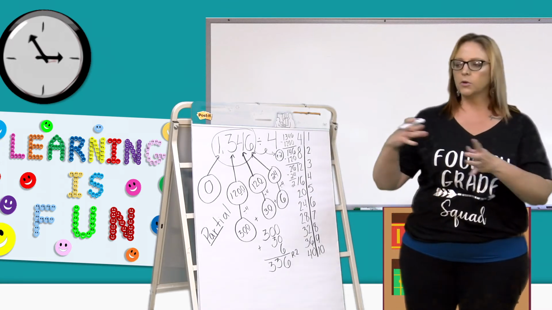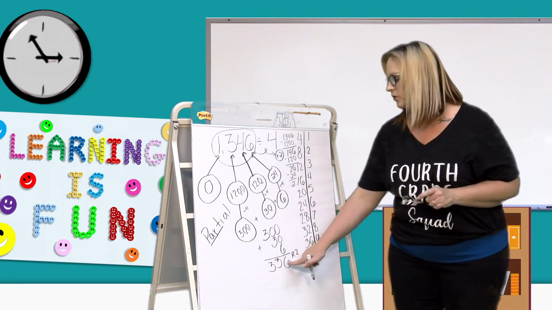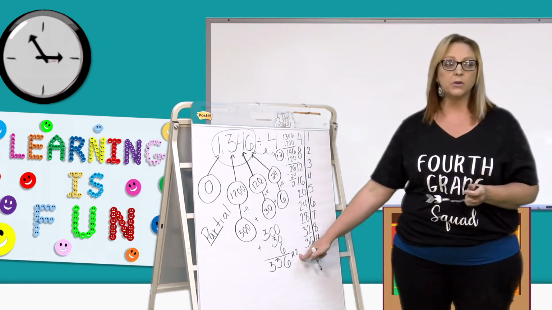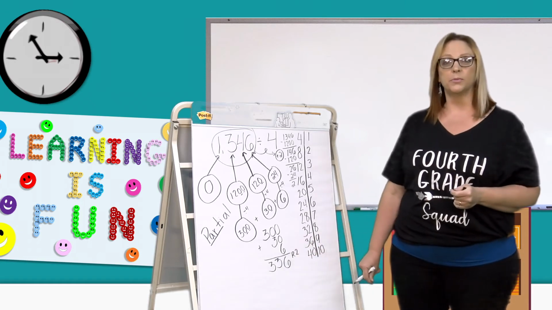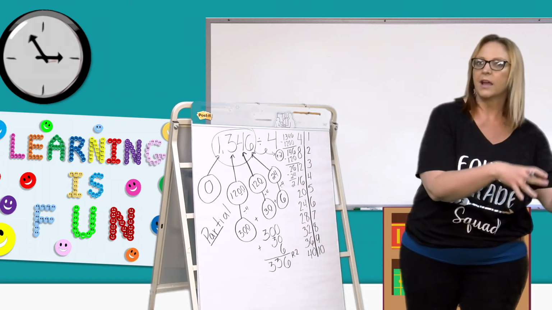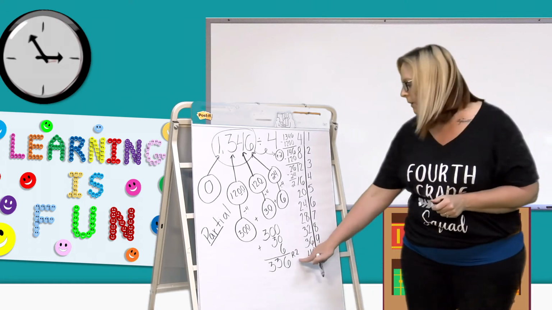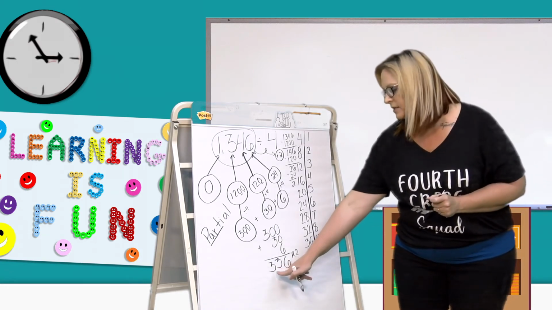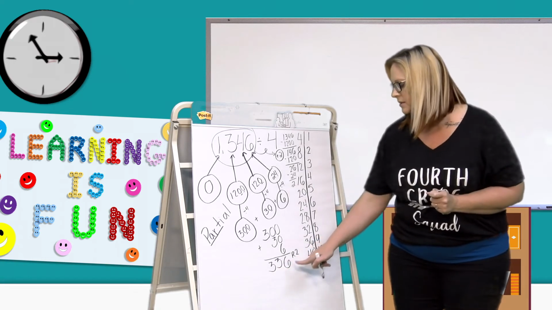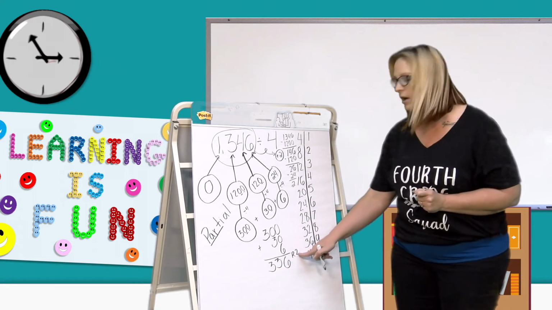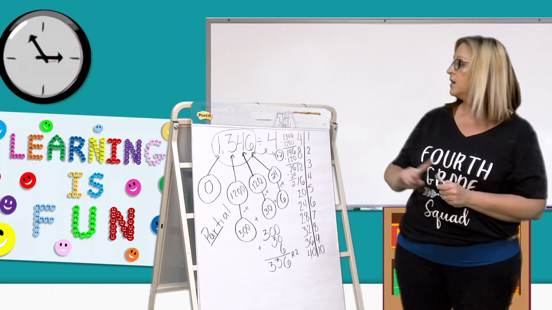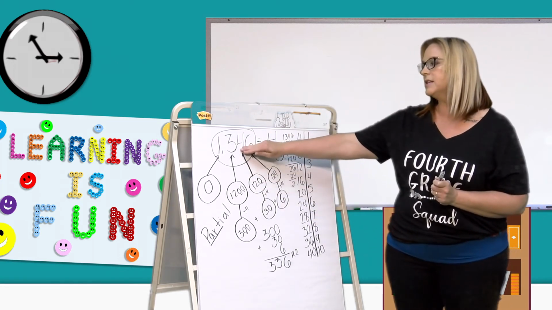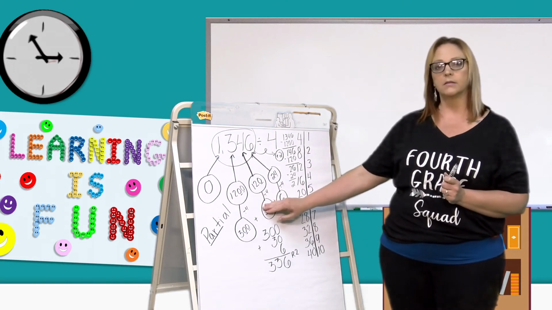Each of those 4 groups will get 336 of this amount. But I have 2 left over that don't go into the equal groups, because that would make 2 groups have a different amount. So my remainder is 2. My quotient is 336 with a remainder of 2. So that is solving this division problem by decomposing the dividend into a number bond.